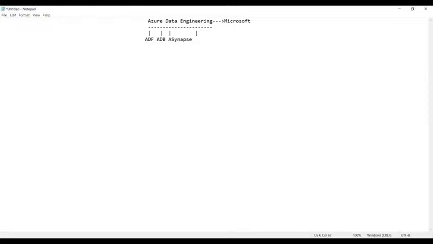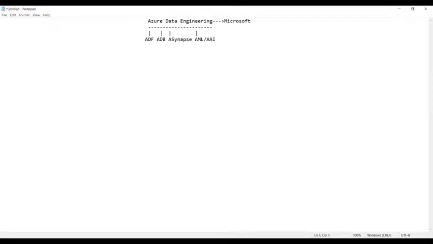Then we have Azure ML, which stands for machine learning, and Azure AI, which stands for artificial intelligence. Likewise, many services are provided under Azure data engineering.